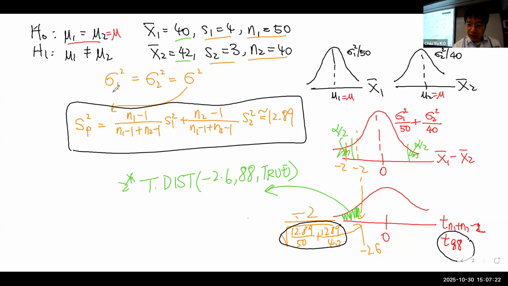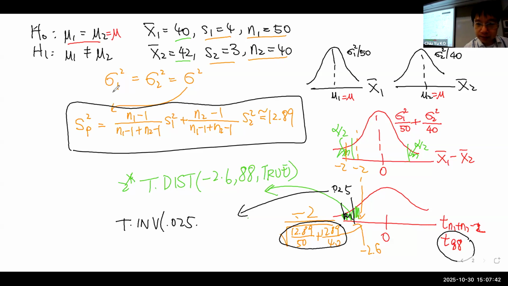If you want to do the p-value, critical value, we'll be asking what happens if this is 2.5%, right? 0.025. Okay. So that means the critical value will be T inverse 0.025, 88. Okay. This will give you the negative side, right?